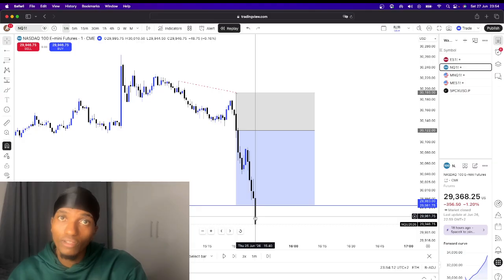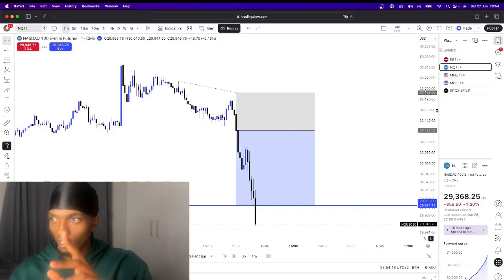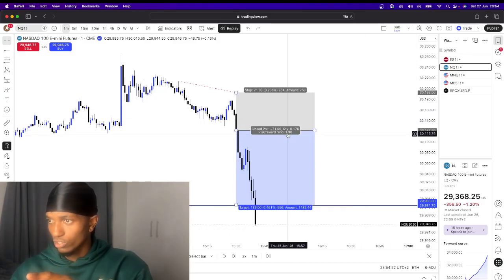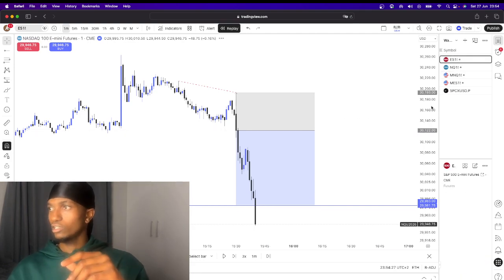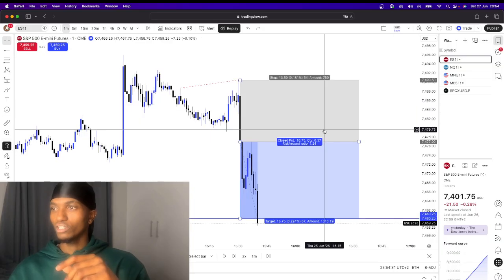But now you tell me, which one do you think it would be best for you to take the trade on? Again, this one, the risk to reward was 1:96, and then this one, I'm not sure if it looked as good.